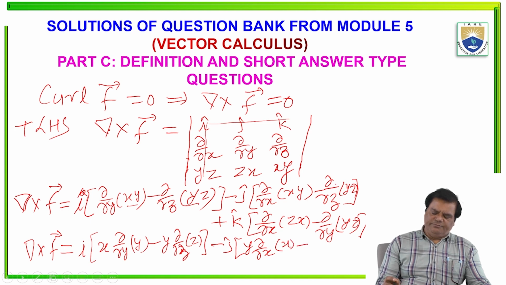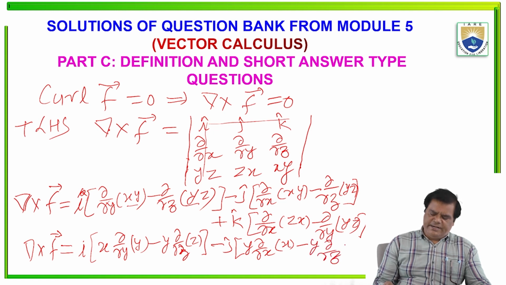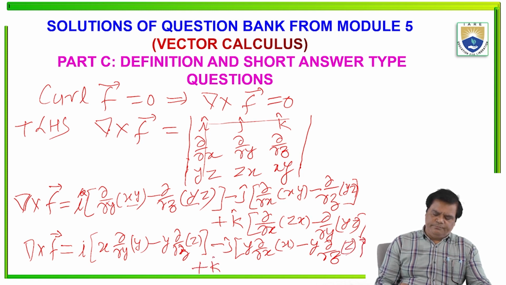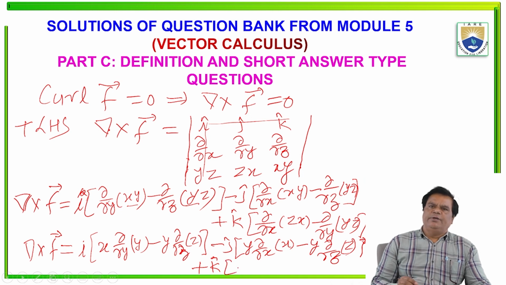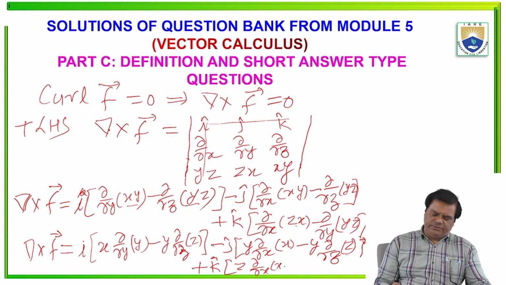Minus, differentiating yz with respect to z, y is constant, dou over dou z of z. Now plus k in bracket: differentiating zx with respect to x, z is constant, dou over dou x of x. And minus, differentiating yz with respect to y, z is constant, dou over dou y of y.